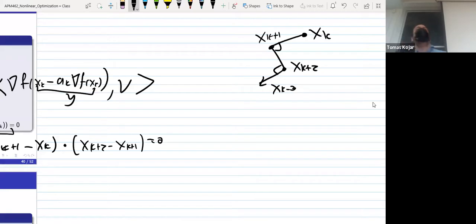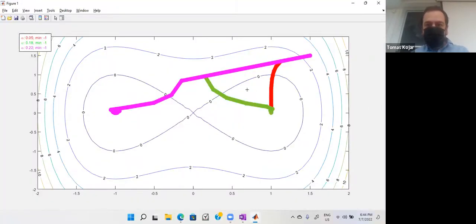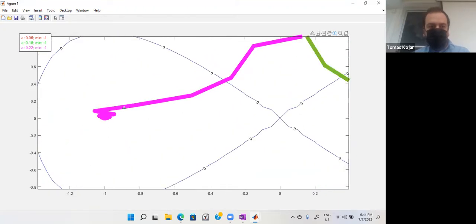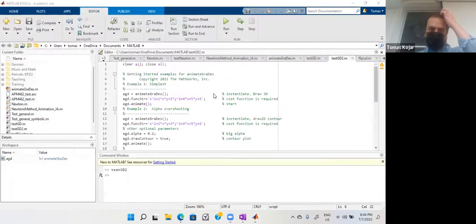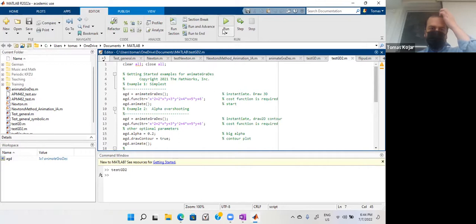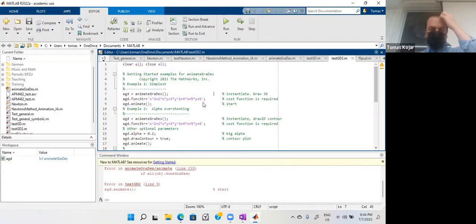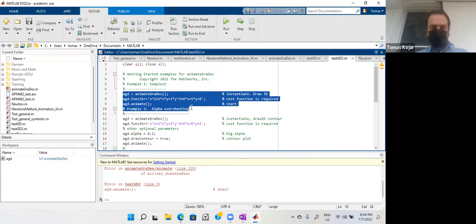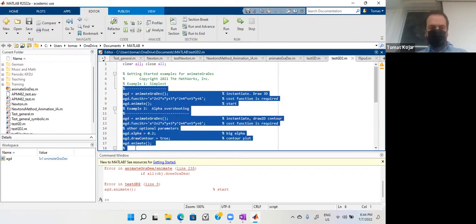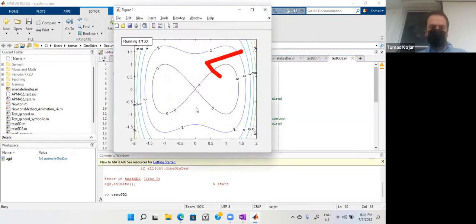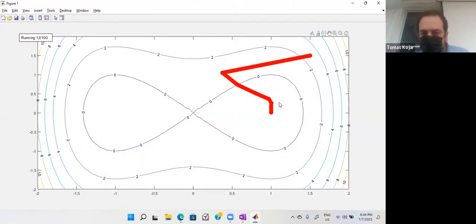So that's what it means. I wish I could zoom in.